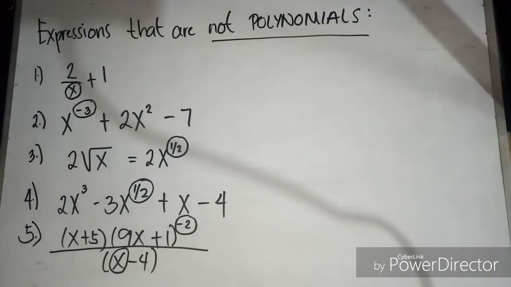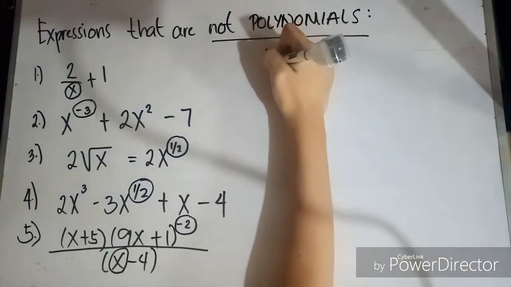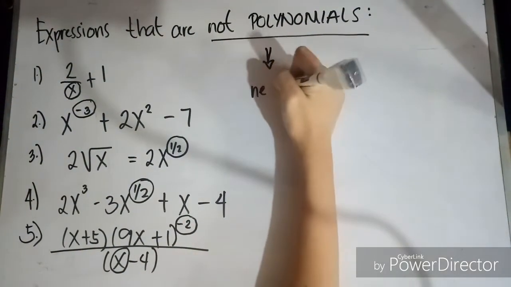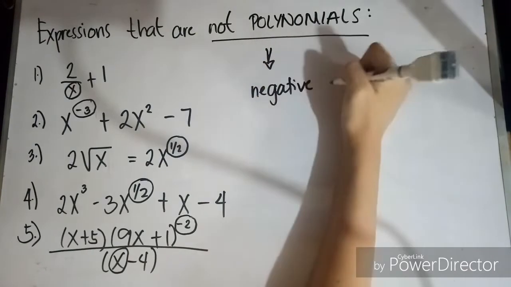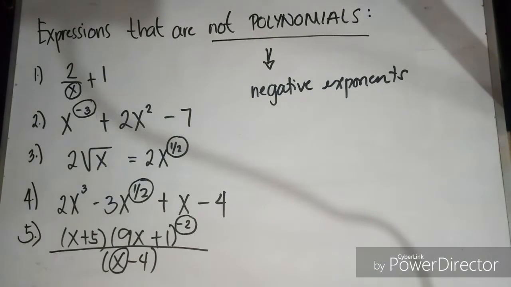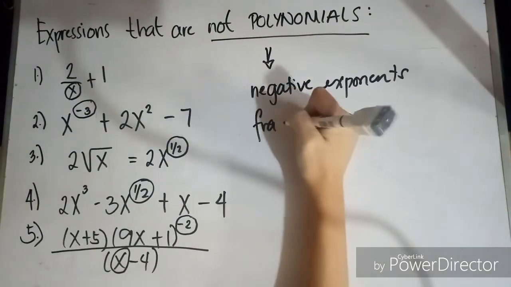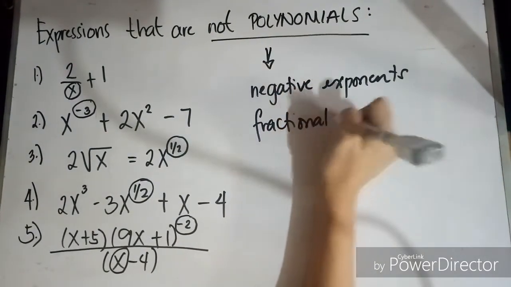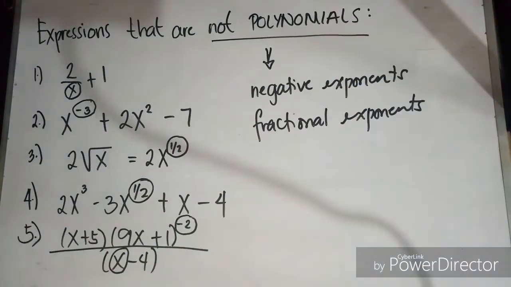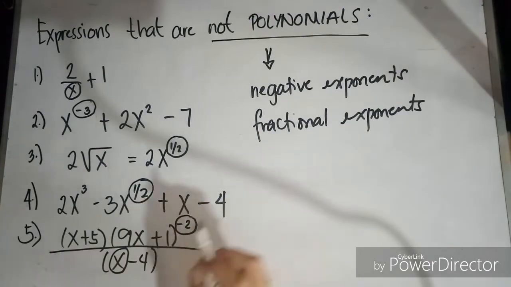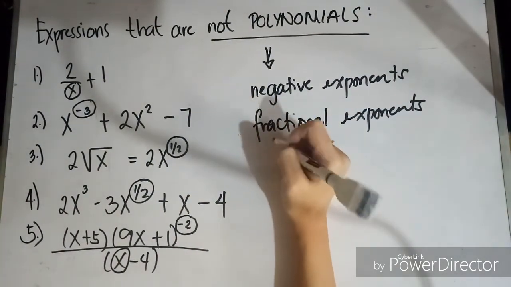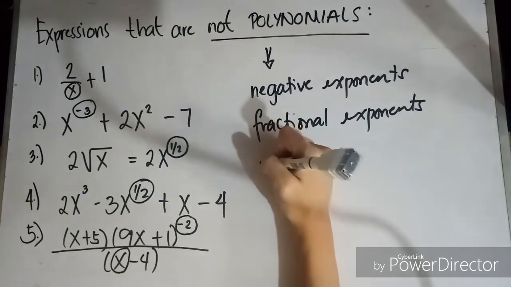So remember, expressions that are not polynomials have negative exponents, fractional exponents, and of course a variable in the denominator.